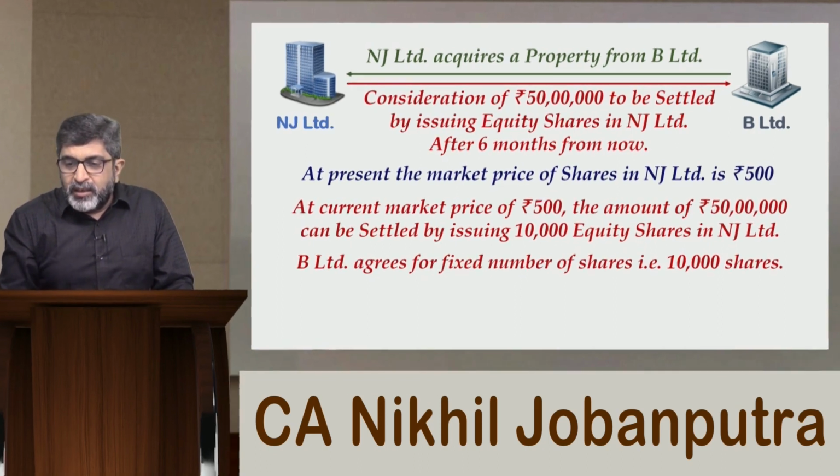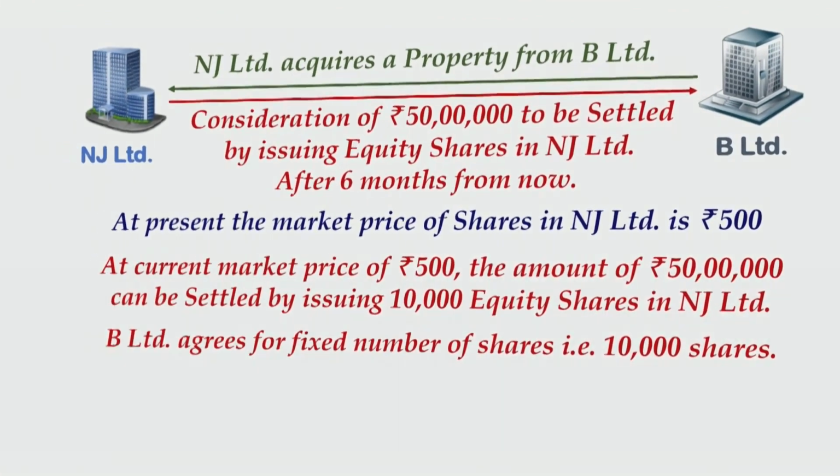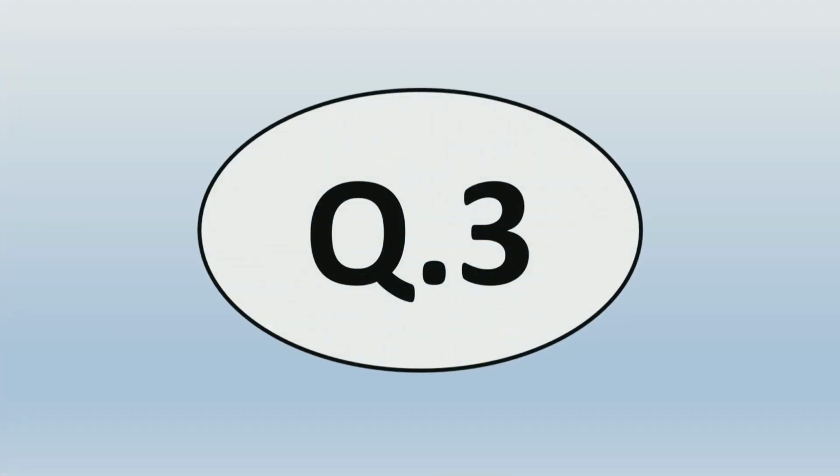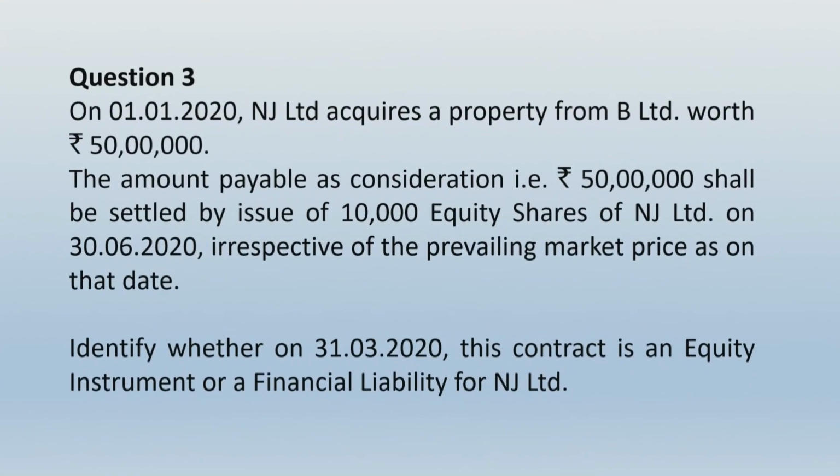So let me put forward the same thing again in the form of a question and answer, and this will be question number 3 in your book. If you can read this question, same question, the name of the counterparty in this case is B Limited, everything same except for the fact that the amount payable as consideration, that is 50 lakhs, shall be settled by issue of 10,000 equity shares of NJ Limited on 30th June, irrespective of the prevailing market price on that date.